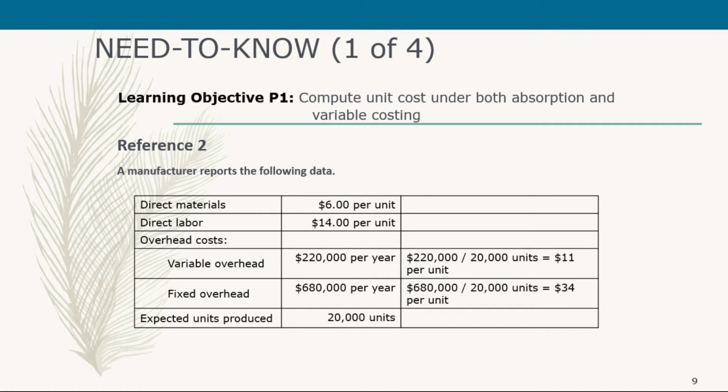So we have here your unit cost pertaining to your variable overhead, $11 per unit, and $34 per unit pertaining to your fixed overhead. And the expected units produced is 20,000 units.